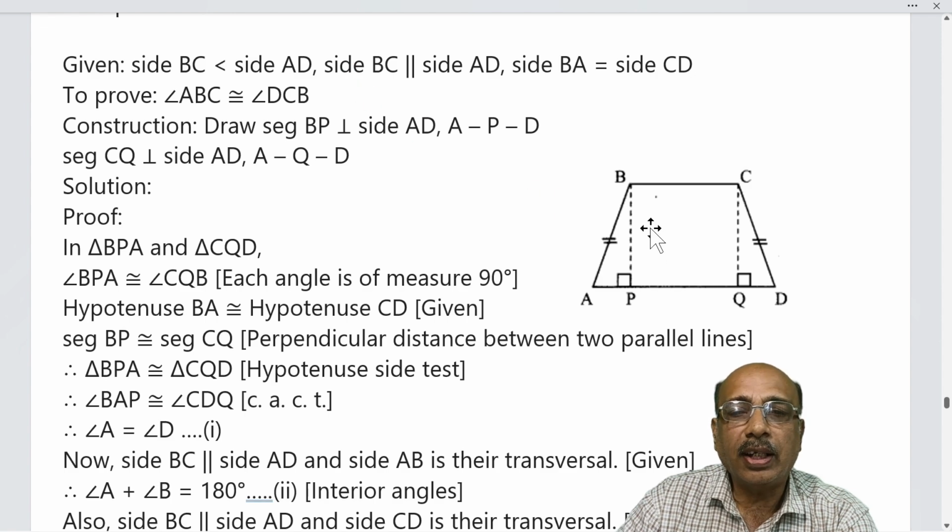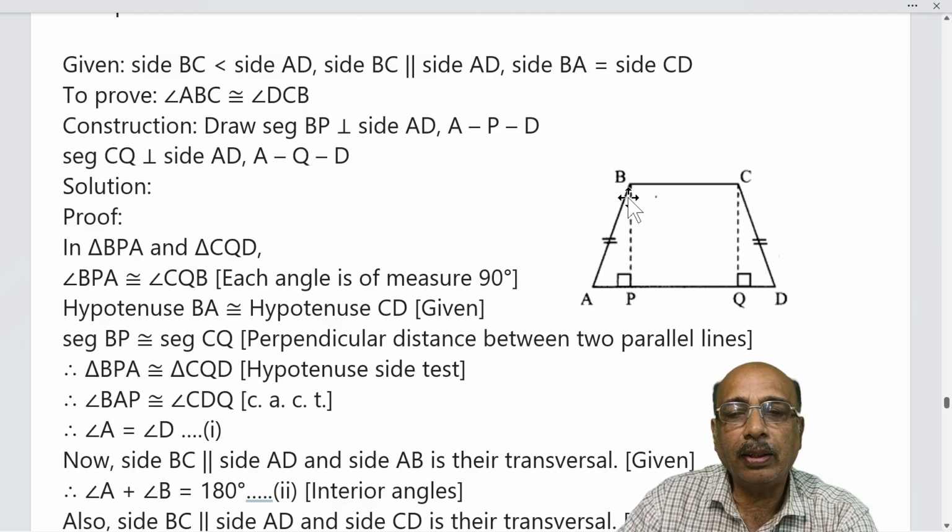Given: side BC is less than AD, side BC is parallel to AD, side BA and side CD are equal. To prove: angle ABC is congruent to angle DCB.